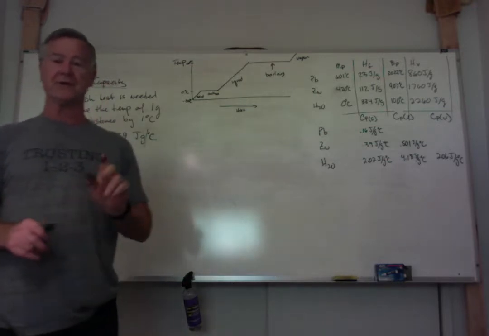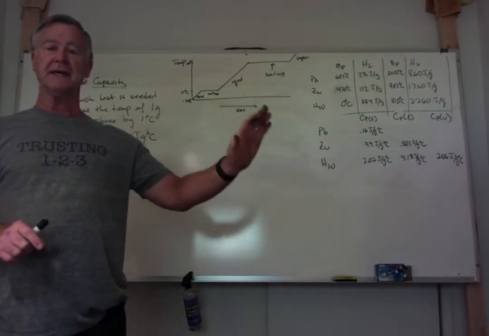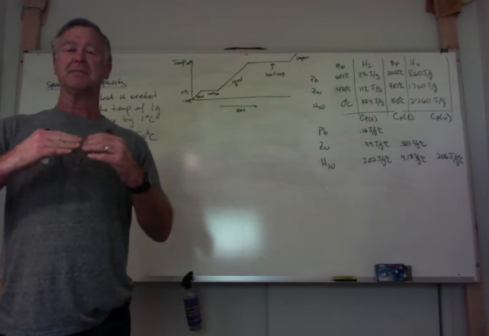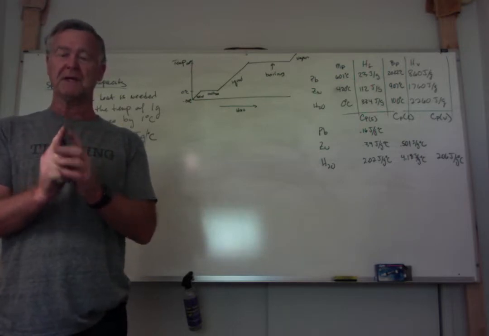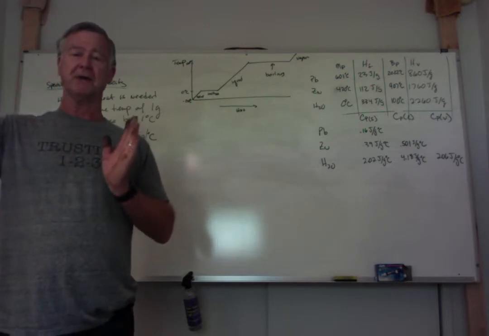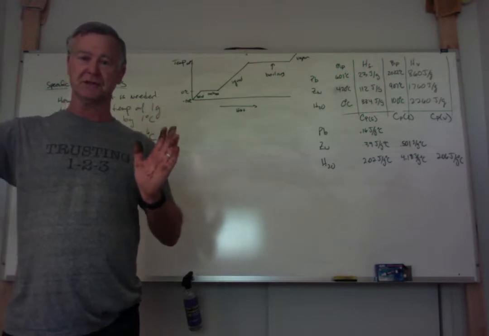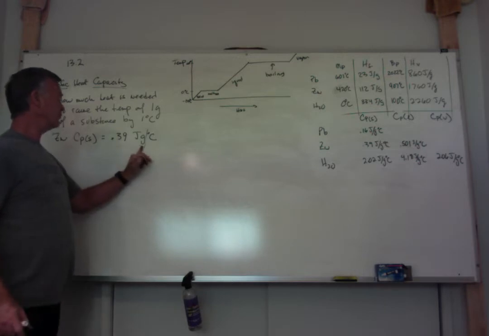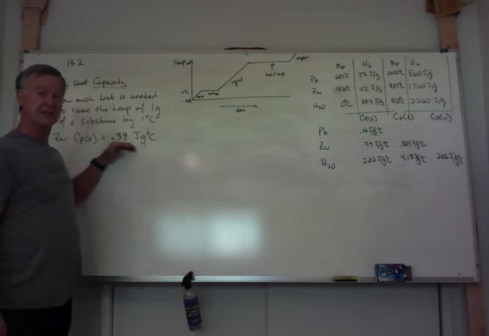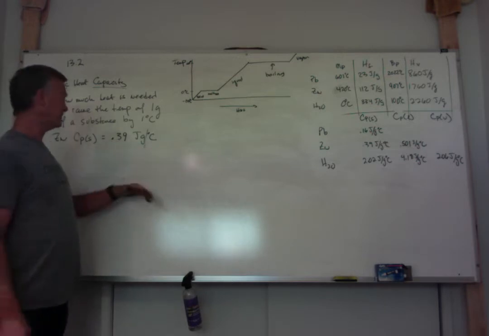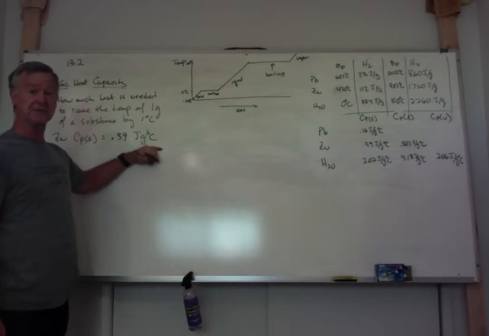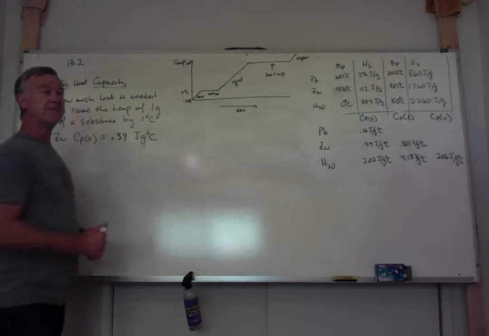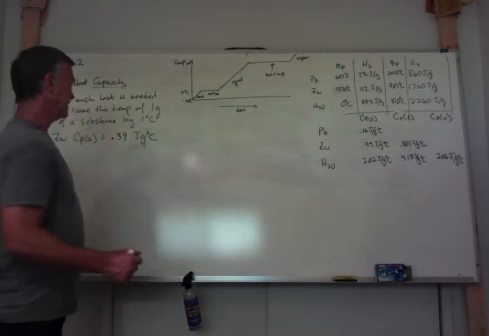If you put 0.39 joules into 1 gram of zinc as a solid, its temperature will rise by 1 degree Celsius. If I had 2 grams, I would have to put in twice as much heat to make it go up 1 degree Celsius. If I wanted to raise it 10 degrees Celsius, I would need 10 times this amount of heat. And heat and energy, again, are the same thing.